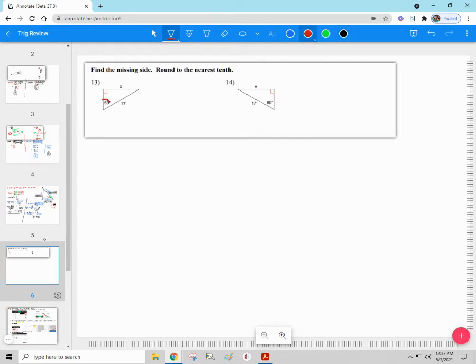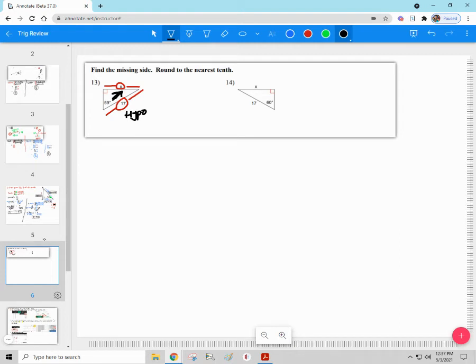Here I see 59 degrees, and 17 units is the hypotenuse, and you are asked to find the value of x. If I were you, I'd consider it this way. The side opposite to 90 degrees is the hypotenuse, and I see that this is the given angle.